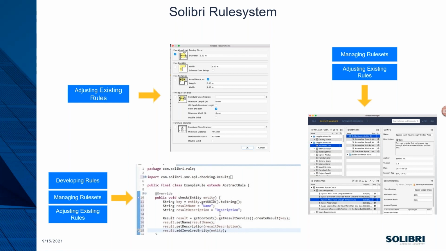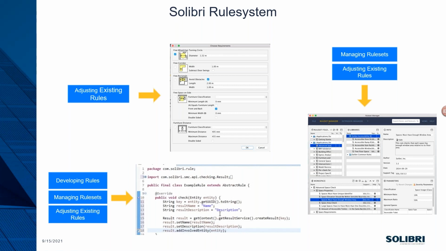So this means that you just adjust the existing rules. And then the next step, you might put these rules together into rule sets, and then you do the checking with these rule sets in groups, and into extensions, for example. So there are a lot of ways to manage these rules by creating rule sets.